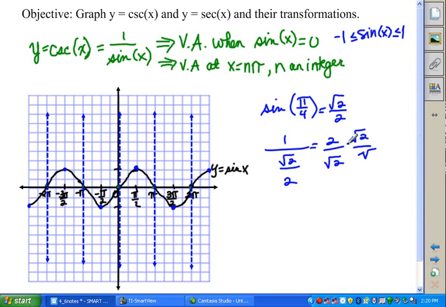If you multiply by the square root of 2 over 2, that's simply going to be 2 times the square root of 2 over 2, which is the square root of 2. The square root of 2 is approximately 1.414. So at pi over 4, you're going to have 1.414.